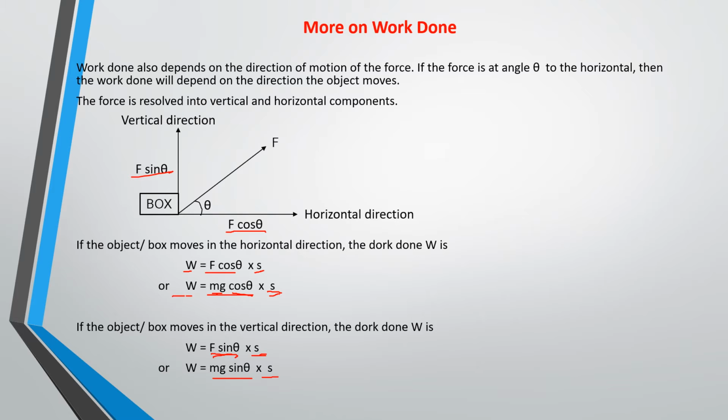You can get this F cos theta and F sine theta by drawing a right angle triangle and labeling it properly. Then use your trigonometrical ratios to get all that. So if this is your theta, and then you have your force, and this is the work.